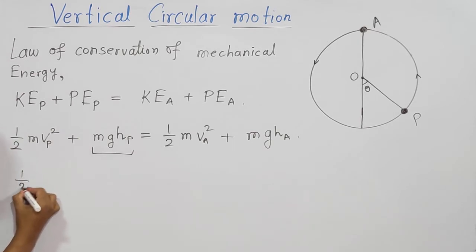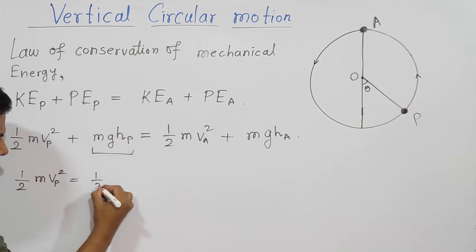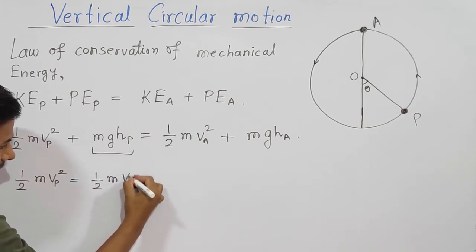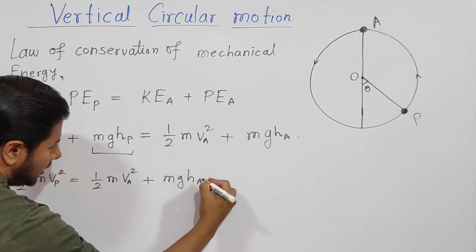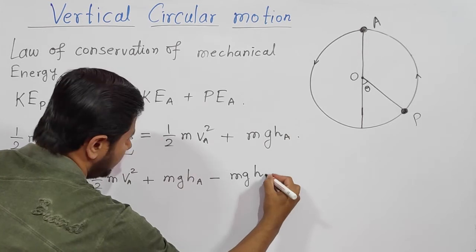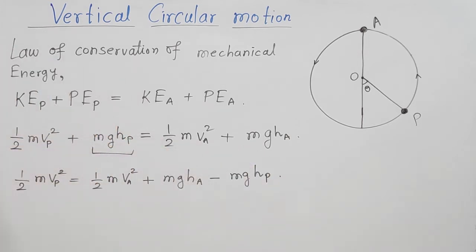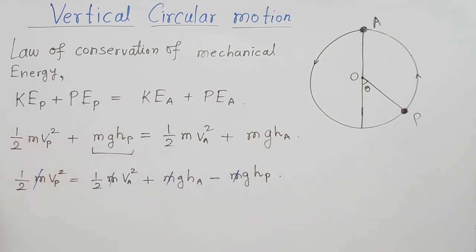So we have half of m into v suffix p squared equals half of m into v_a squared plus mgh at point A minus mgh at point P. Then we see that there is m in all the terms, so we can cancel it out and multiply with 2.